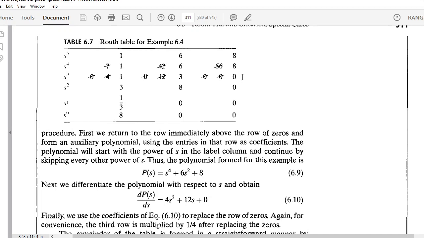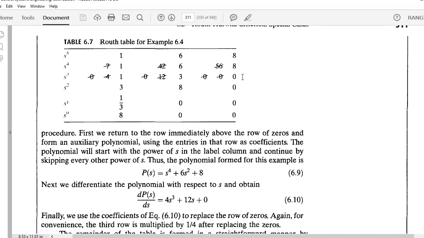So if it is not unstable, the next priority goes to check if it is marginally stable. And if it is not marginally stable, then we give the third priority to it being stable. So in this case, because there is a row of zeros, although there are no sign changes, the system is marginally stable.